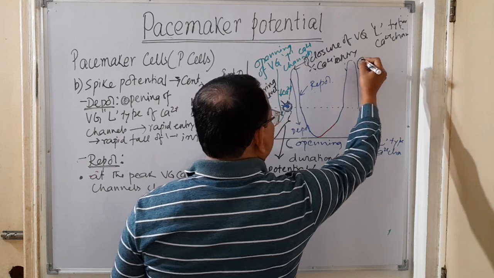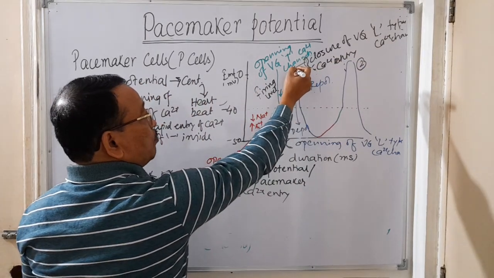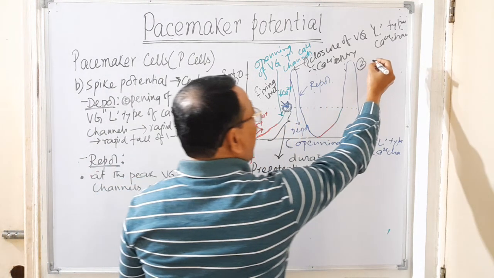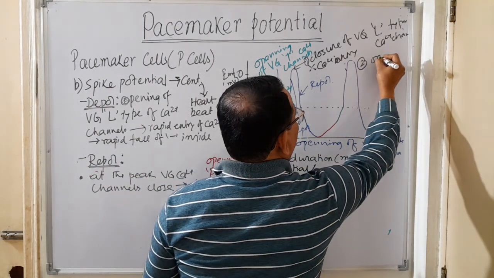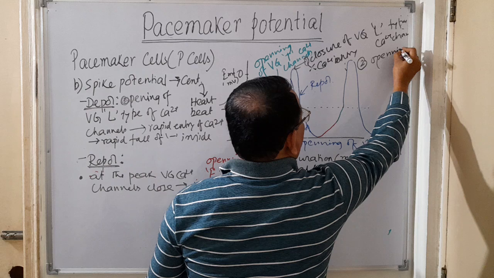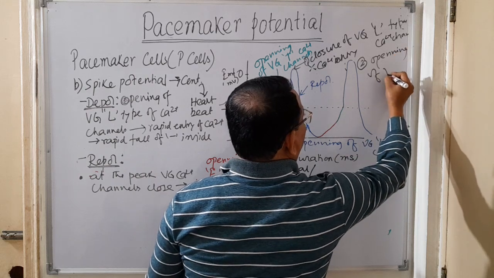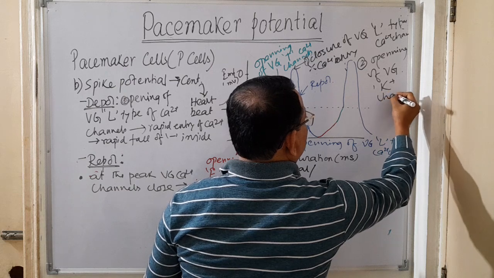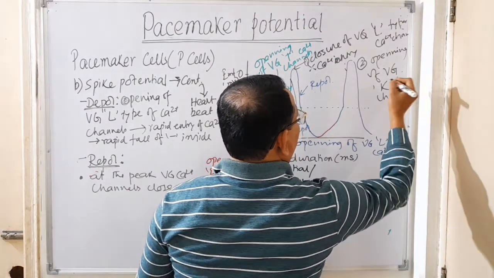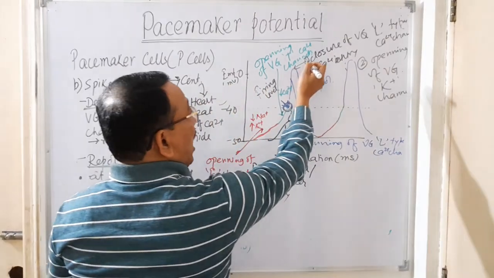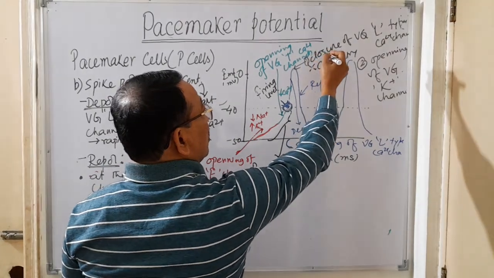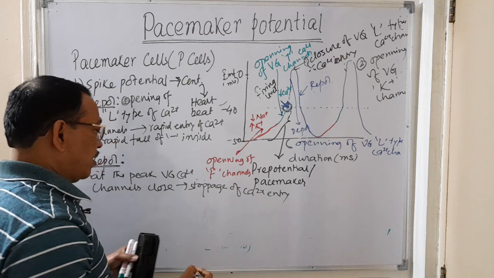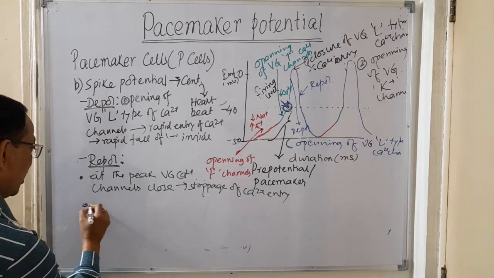Number two, the second phenomenon that takes place at the peak phase of the spike potential is the opening of voltage gated potassium channels. So along with the closure of the calcium channels, potassium channels open up.